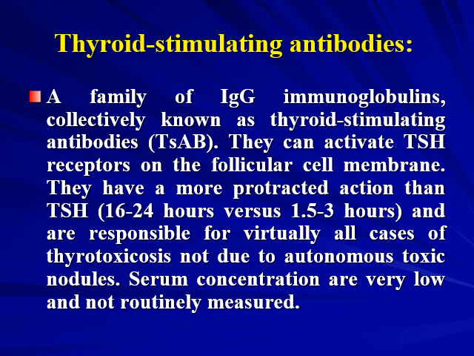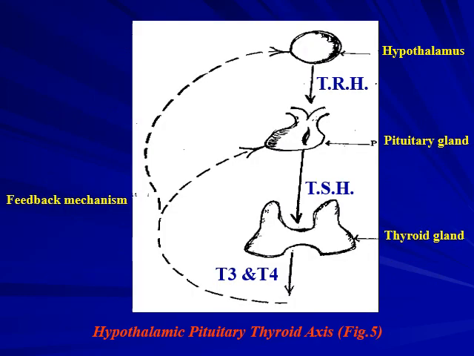TSH will act within 1.5 to 3 hours versus 16 to 24 hours in case of thyroid stimulating antibodies. And these antibodies are responsible for virtually all cases of thyrotoxicosis not due to autonomous toxic nodules. But the serum concentration of these immunoglobulins is very low, so it is not routinely assayed in laboratories.